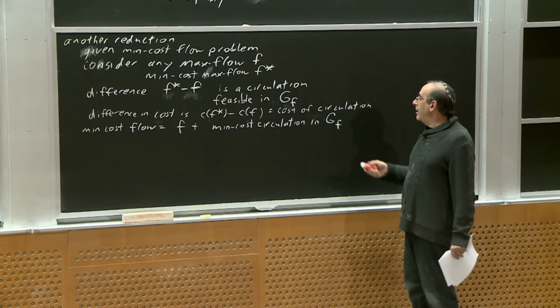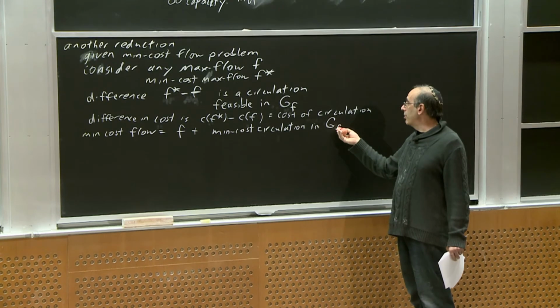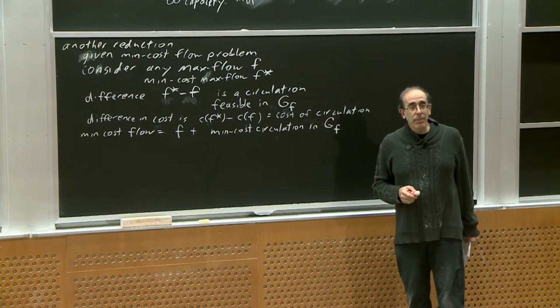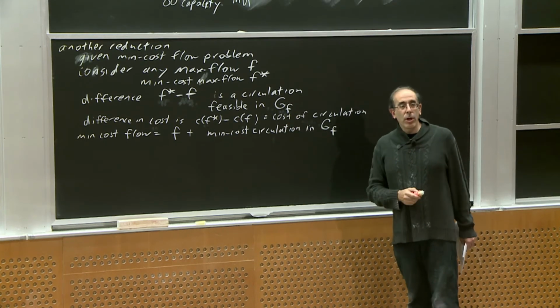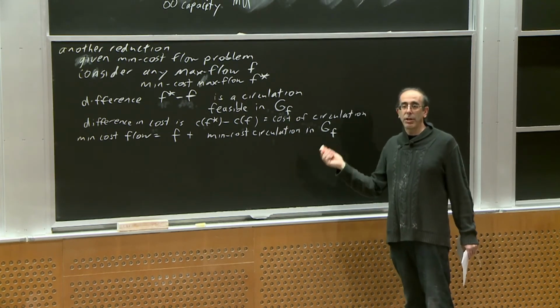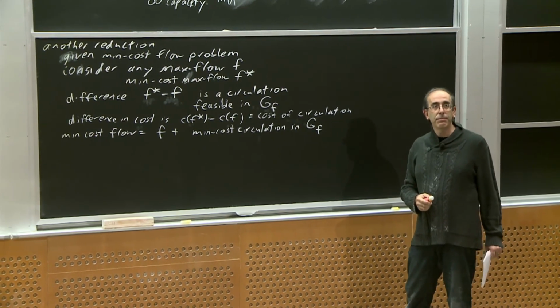And the nice thing about this is that you're just working with a residual of the original graph. So if the original graph had unit capacities, the residual graph will have unit capacities, and so you're doing all of your calculations of the min-cost circulation under the same constraints as the original graph had.